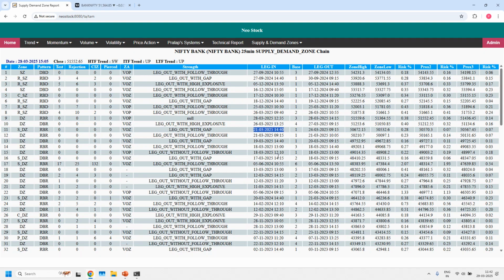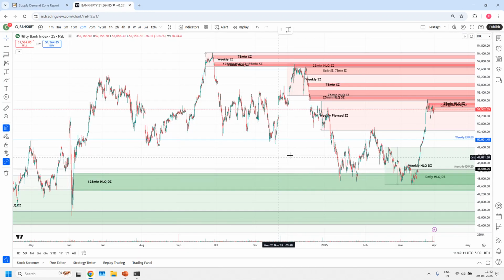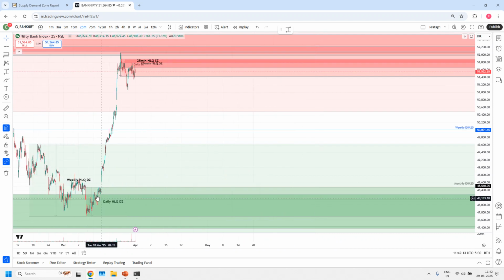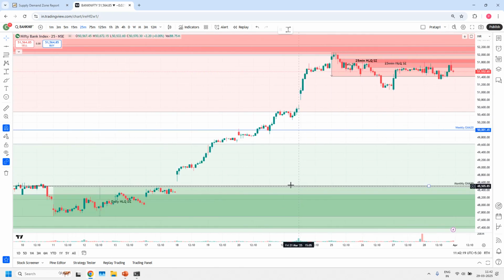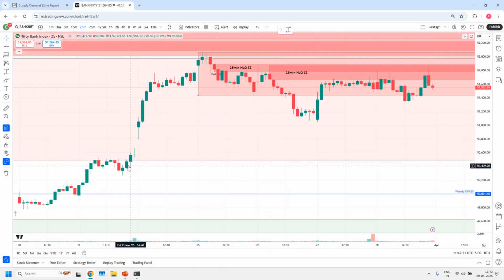After that, one base candle. 21/3, 14:40. This is the one. A rally, base, rally. This is a 25 minutes high liquidity zone.